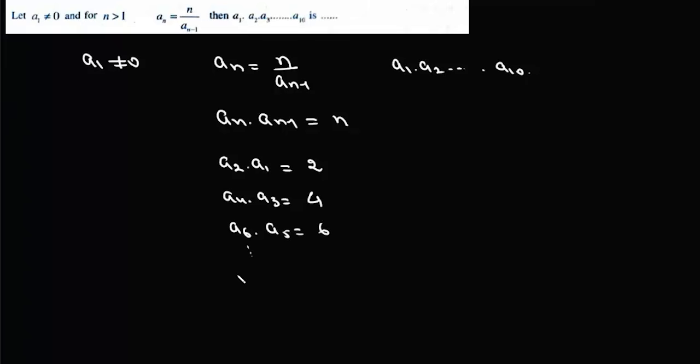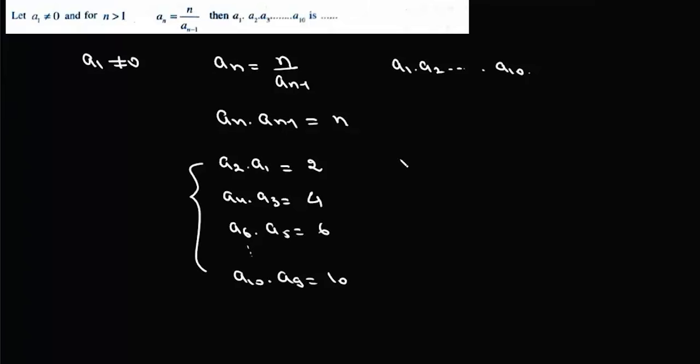We can write AN into AN minus 1 equal to n. Now if we put n as 2, we can write A2 into A1 will be simply 2. If we put n as 4, we'll write A4 into A3 will be equal to 4. In the same way, A6 into A5 is 6, and in the end we'll have A10 into A9, which will be equal to 10.